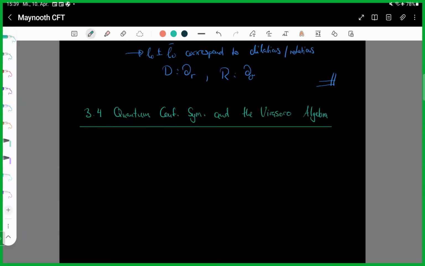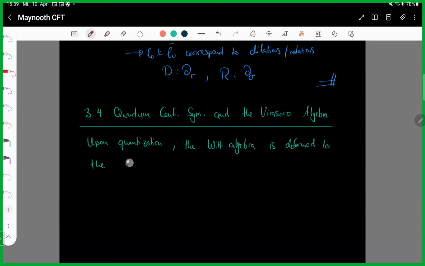Okay. So upon quantization, the Witt algebra is deformed to the Virasoro algebra.